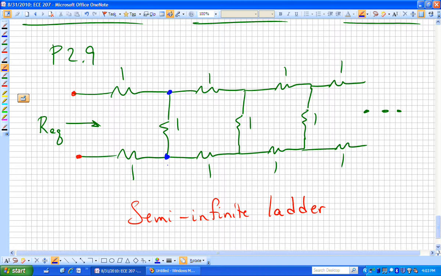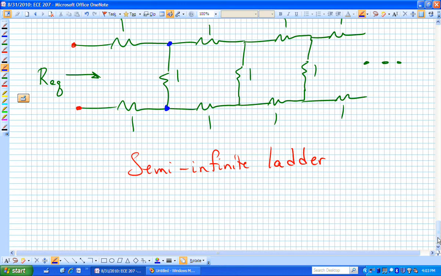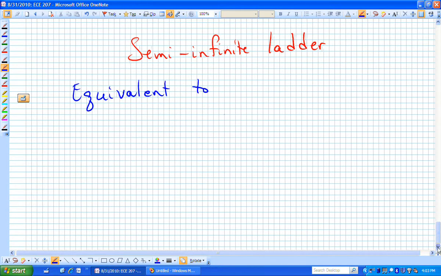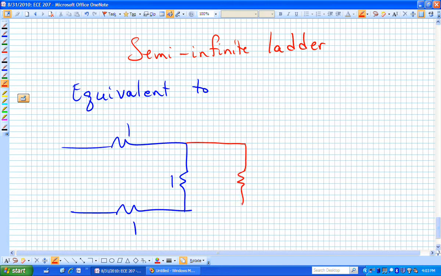Yes? No? With that logic, let's see if we can reason this out. That particular circuit that I now have drawn should be, or let's just assume that it is, equivalent to the following: here's 1, 1, 1, but now I'm going to attach that.